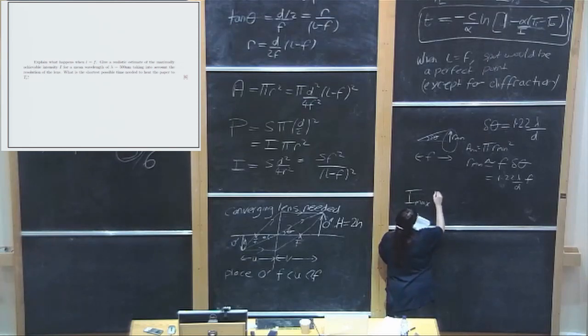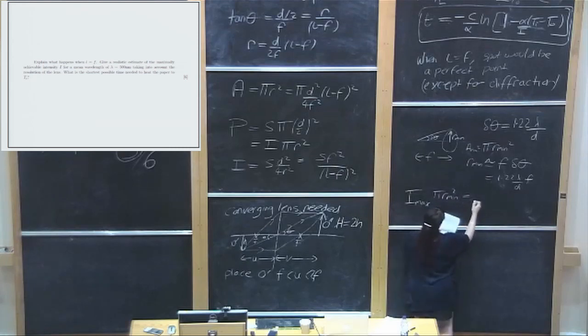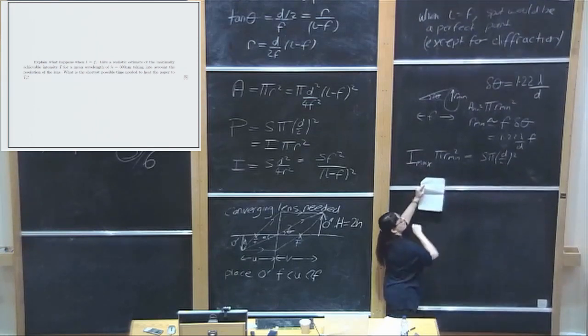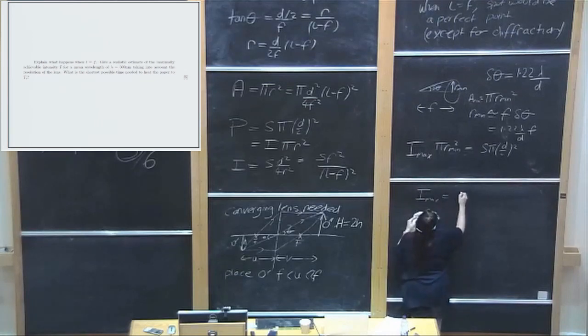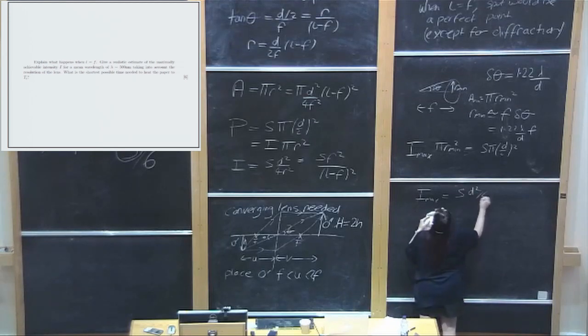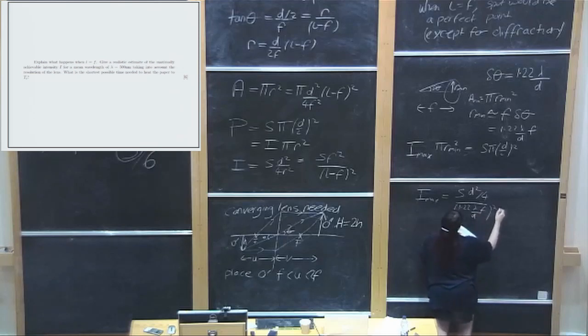intensity achievable. Well, we just use the power conservation thing again, right? So I'm just using this again, where my maximum intensity is given when I have the minimum spot size. So I max equals, so my pi's can go away, so I've got S d squared over 4 over this R min squared. So that's 1.22 lambda over d f all squared.